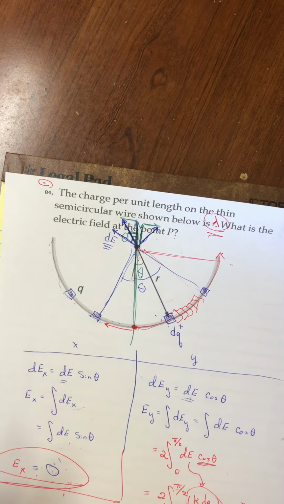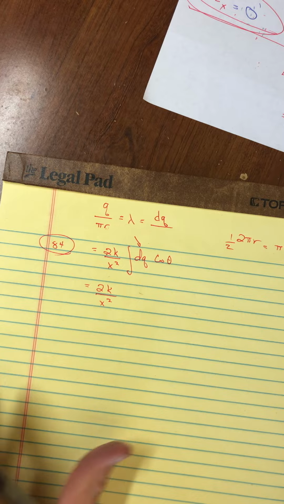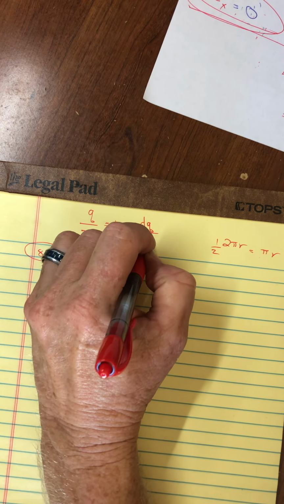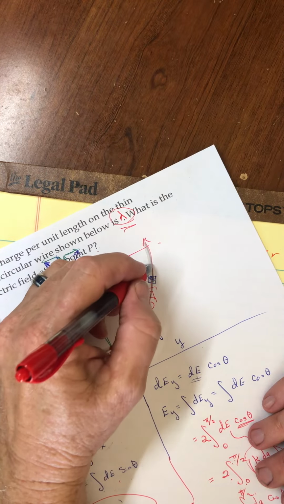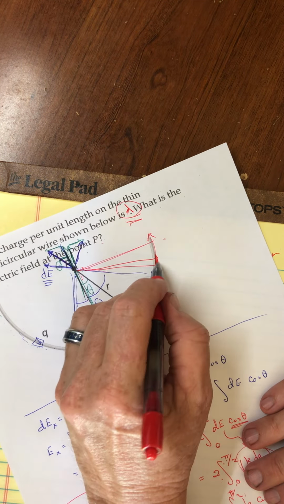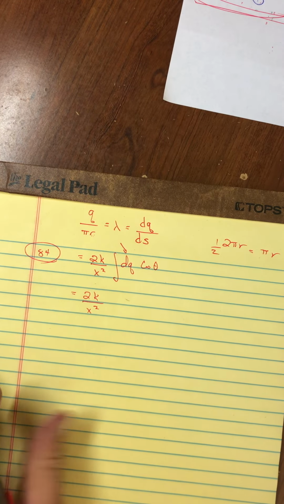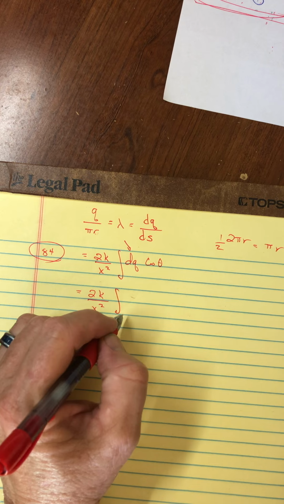And so I would say, let's call it ds, where the s is the length of the arc.